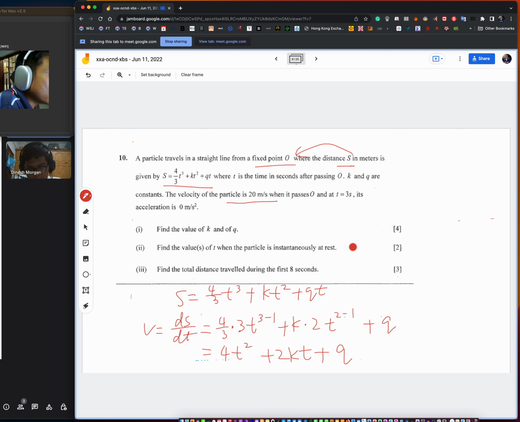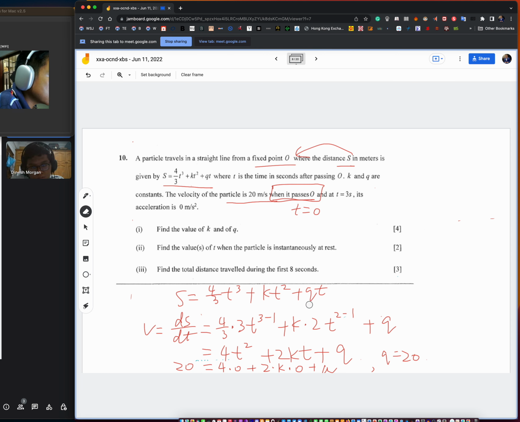Now the velocity when it passes O: it passes O, that means t equals 0, right? So you just substitute t equals 0, and it is equal to 20. Therefore Q equals 20.